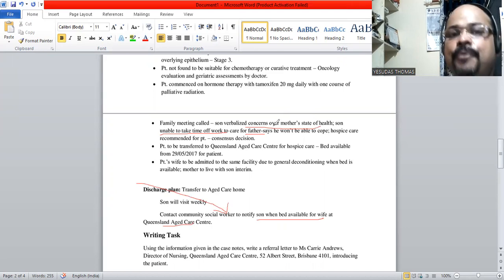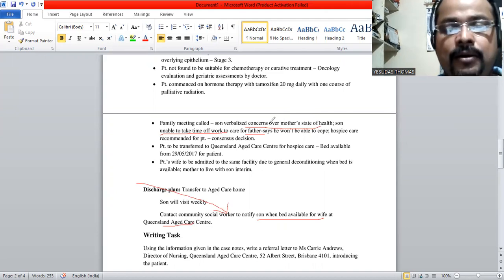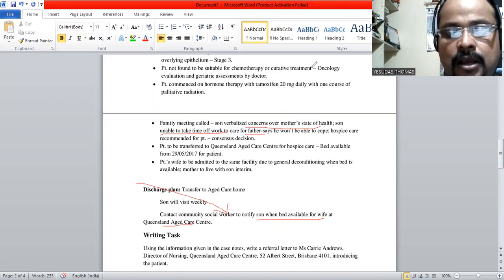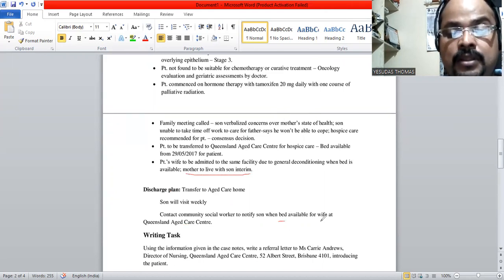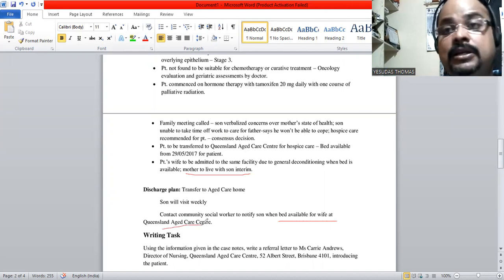This is the problem, which is why he is transferring both. The father is transferred today; arrangements are made with the social worker to transfer his mother to the care. That's what we need to understand, so there is no confusion. The mother lives with her son till the bed is available at aged care. So you have to see both.